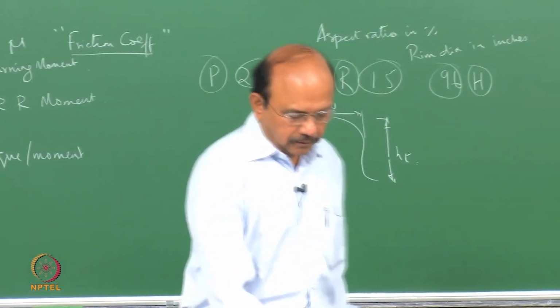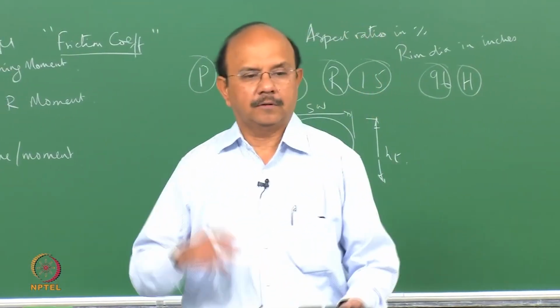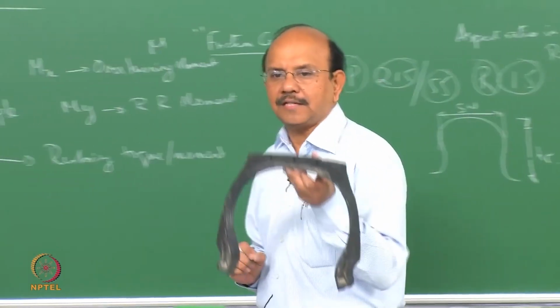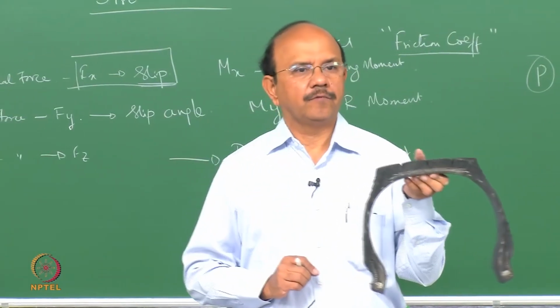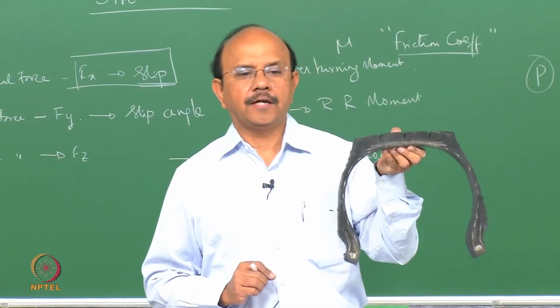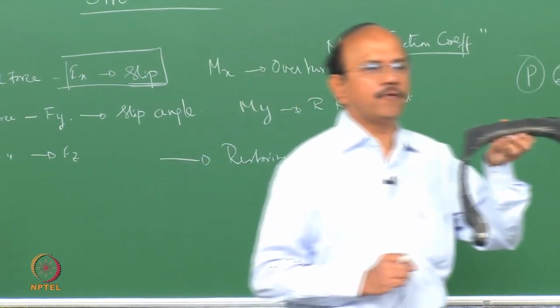A quick look at the section before we go further and explain the micros. That's a typical cut section of a truck tire, courtesy JK Tires, one of the leading manufacturers.